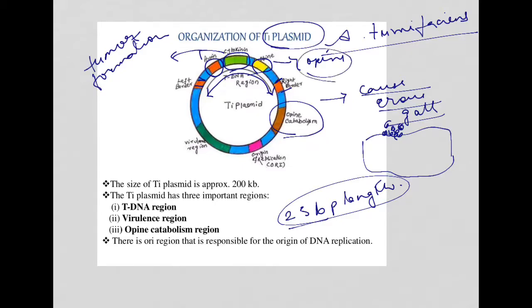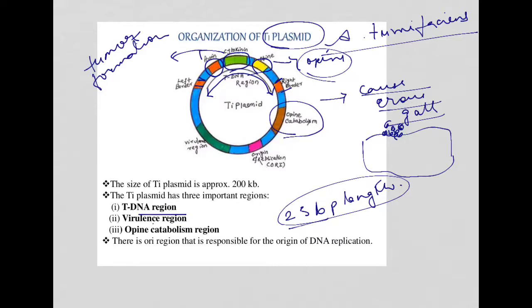So whenever the bacterial T-DNA gets inserted in the plant cells, the bacterium can take out a nutrient source from the plant, and the plant also starts forming auxin and cytokinin, which results in the formation of tumors. So this was about the T-DNA region.